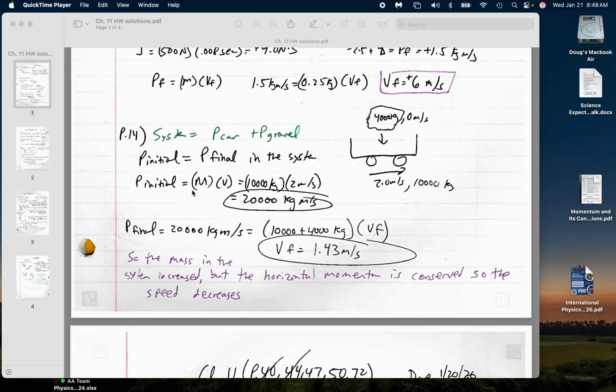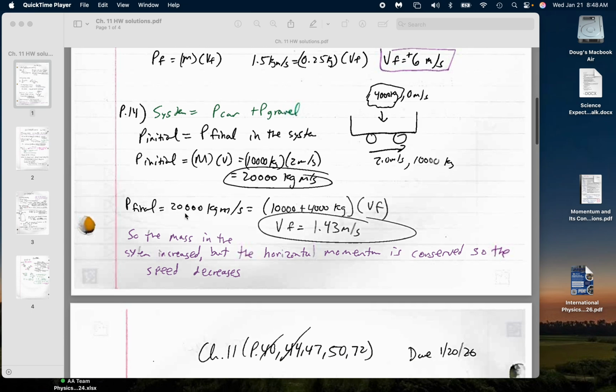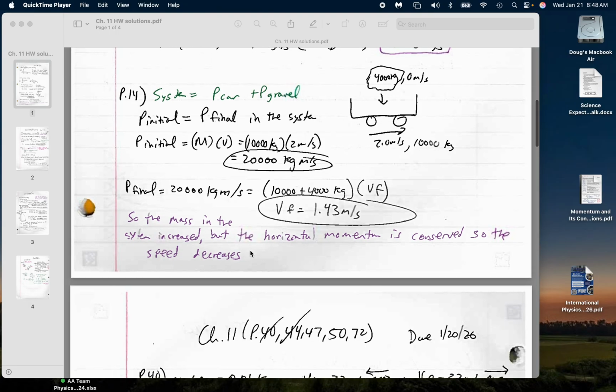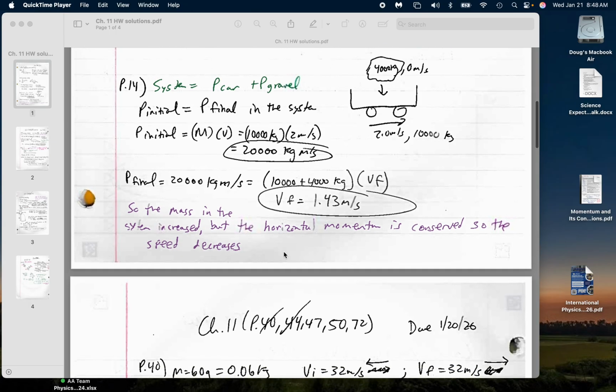At any rate, we've got initial momentum m times v, 10,000 kilogram car, 2 meters per second, so that's 20,000 units of momentum. So the final momentum would also be 20,000, but now it's having to move 14,000 kilograms, so the final velocity is still to the right at 1.43 meters per second. So increased mass, decreased velocity.